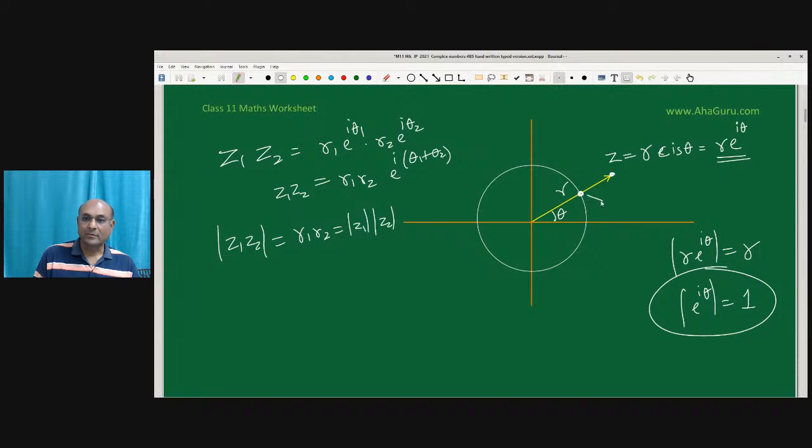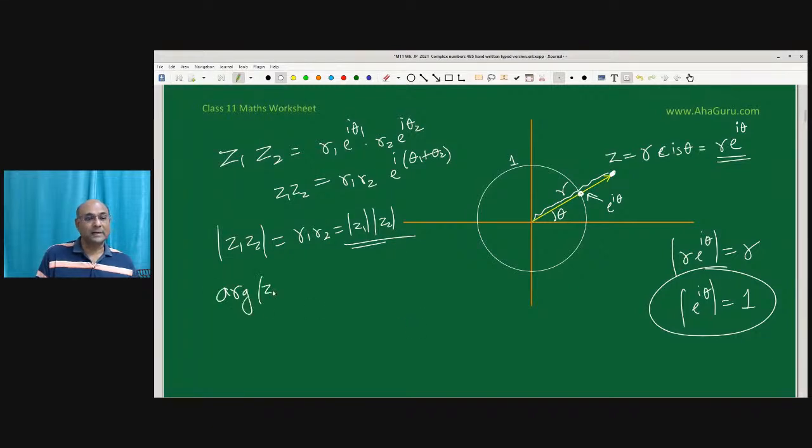This point will be e power i theta, if this radius is 1. Z is r times, r is this length, no? This length is 1, that whole thing is r. So r times e power i theta. Modulus of e power i theta is 1. So what is modulus of z1 z2? Modulus of e power i (theta 1 plus theta 2) doesn't matter, no? Because it's still going to lie on this circle. So this is what you get.